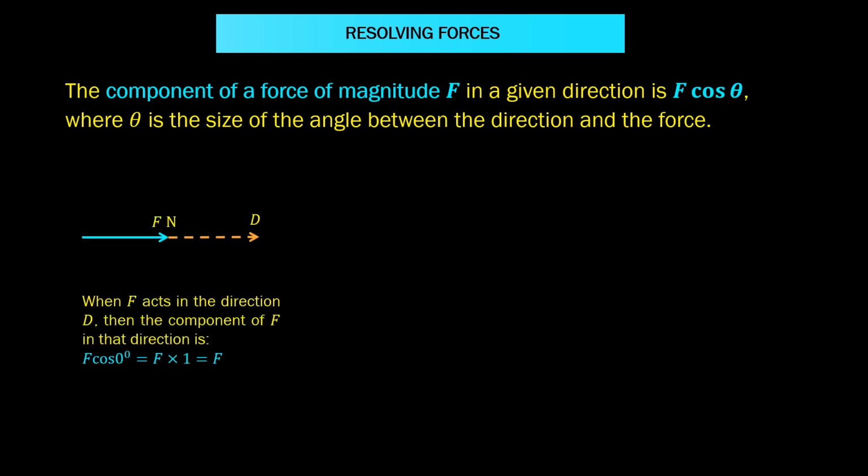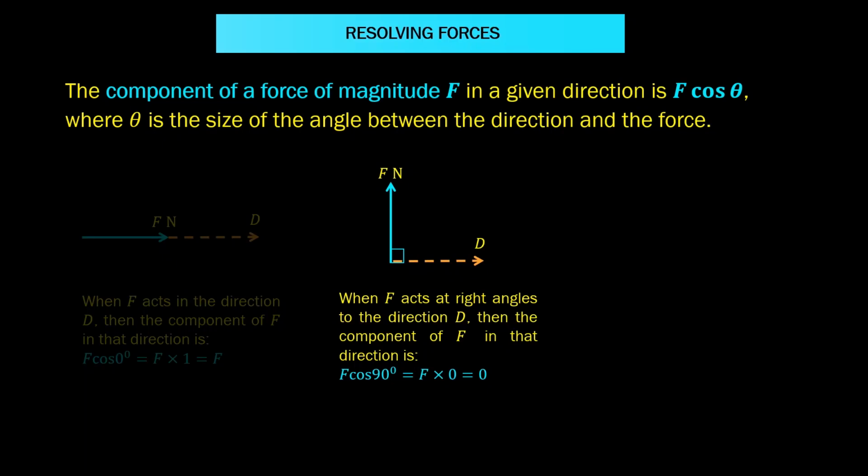So, for example, when F acts in the direction D, as shown in the diagram, then the component of F in that direction is F cos 0 degrees, which equals F times 1, which is F. When F acts at right angles to the direction D, then the component of F in that direction is F cos 90 degrees, which equals F times 0, which is 0.